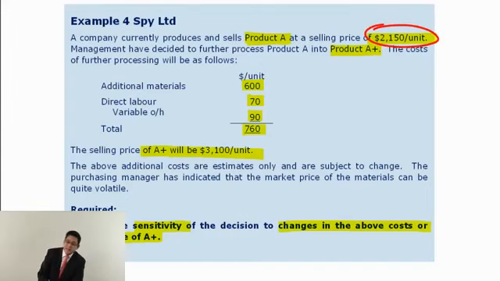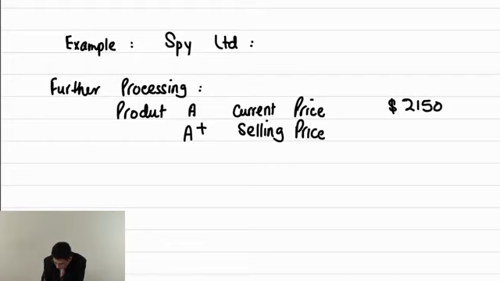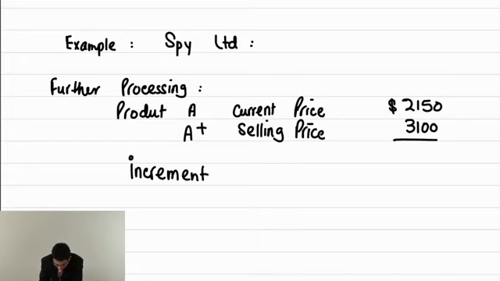And if we convert it into A plus, it will sell for 3,100. Okay, product A plus selling price will be $3,100. So here is the incremental or additional revenue from A plus.